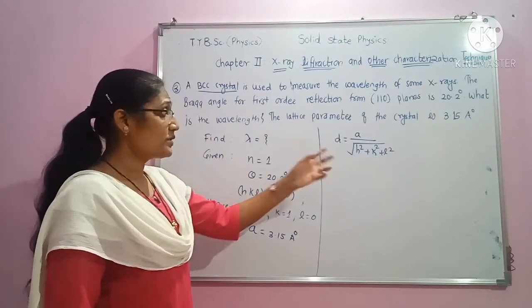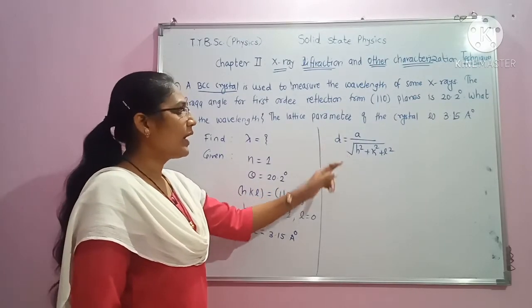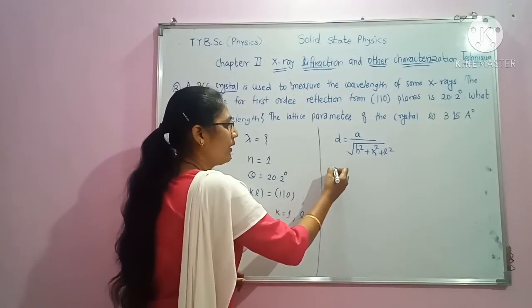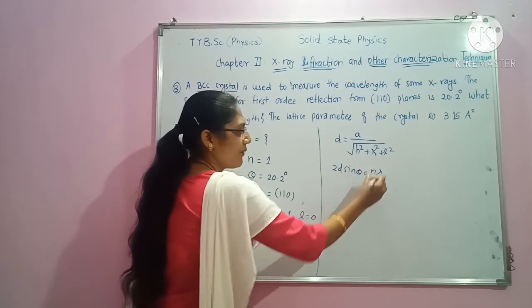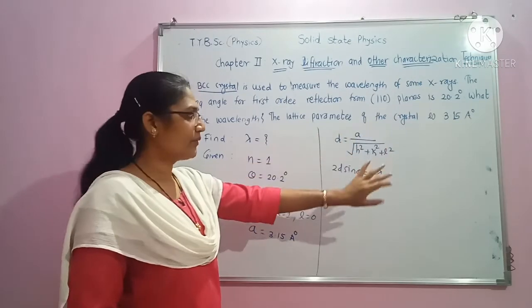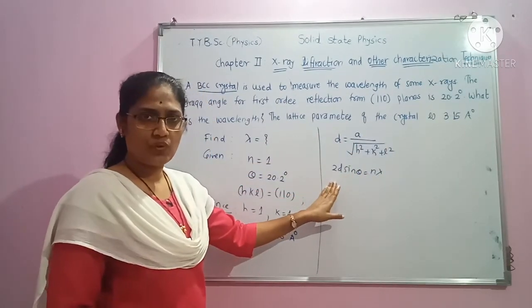We saw this formula in chapter number 1. And there is one more formula, that is Bragg's law, 2d sin theta is equal to n lambda. In the first formula there is no lambda. In this formula there is lambda. It means that we have to use this formula.